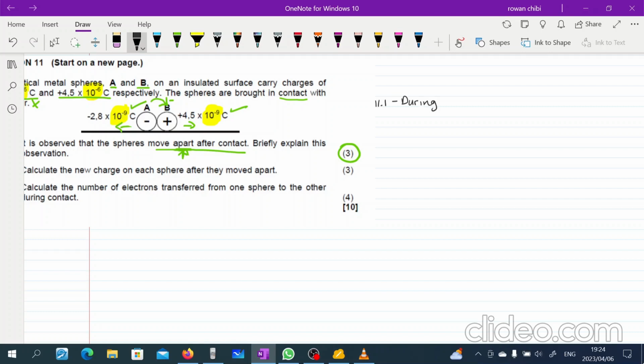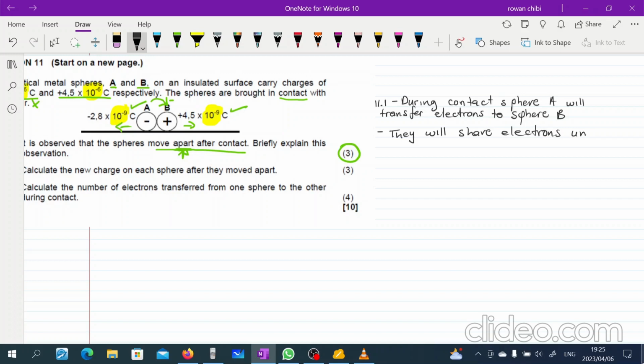During contact, sphere A will transfer electrons to sphere B. Then secondly we say, you can say they will share electrons until they have equal amount of charge. Equal amount of charge.